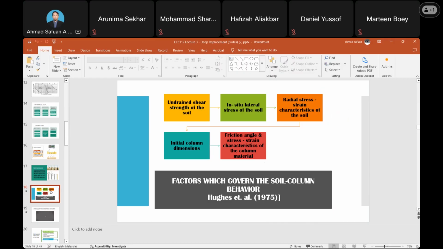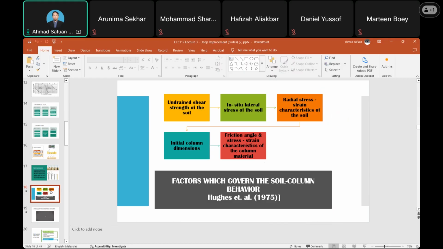So during the design, we need to identify all these properties. For example, to determine the bearing capacity, and also the settlement.